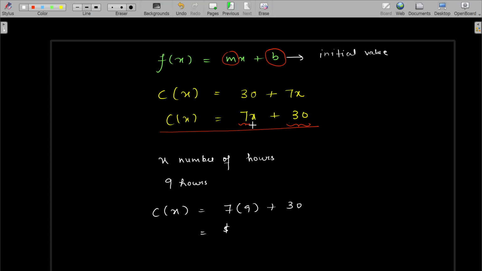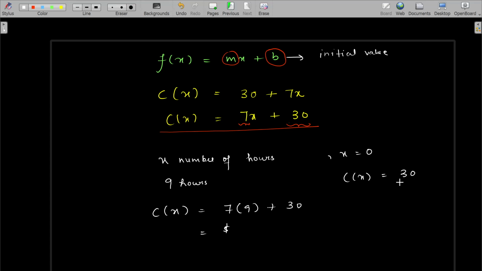So this means even if you're not going to the gym at all, so even if x is equal to 0, that means you did not go to the gym, even then you have to pay this $30 amount, right? Because if you put x is equal to 0, your c of x will still be 30.